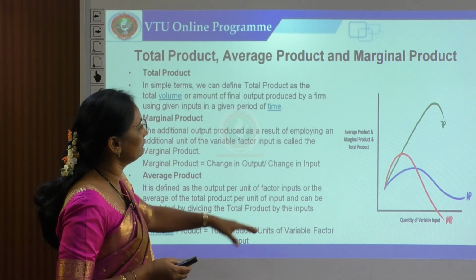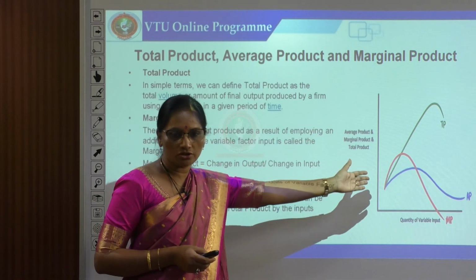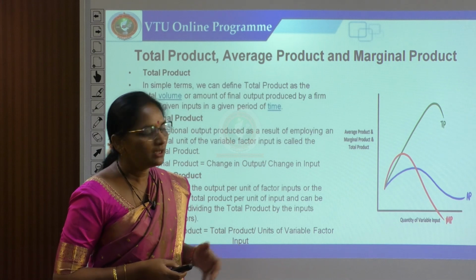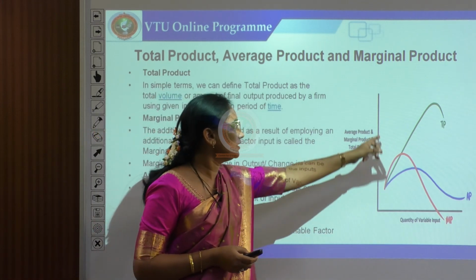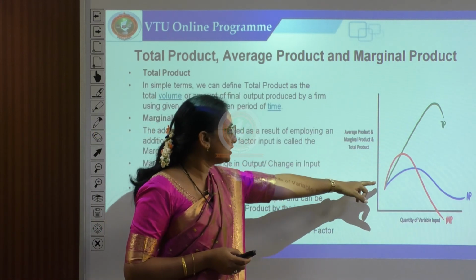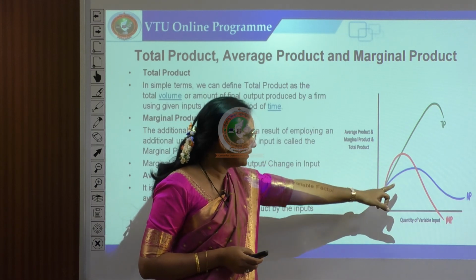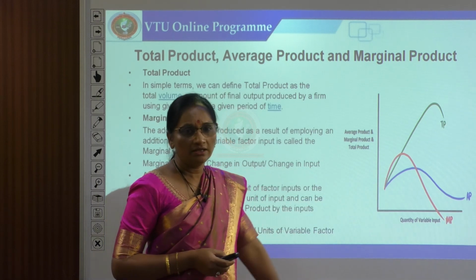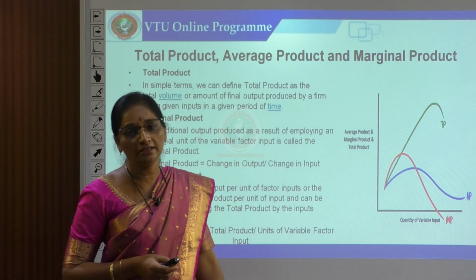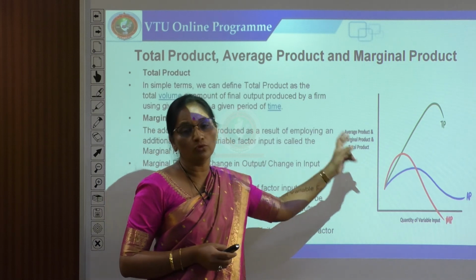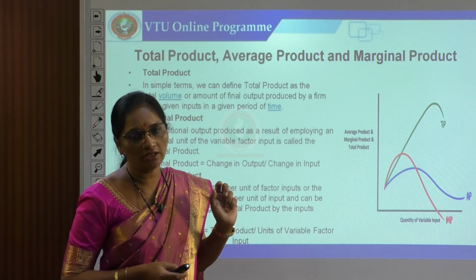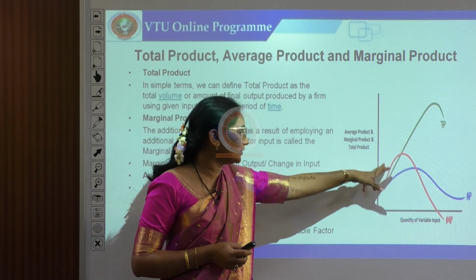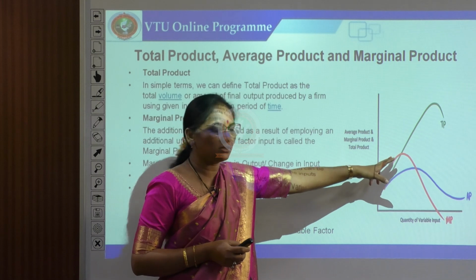All together we can make the graph. Already you have understood the typical nature of the product curves in the short run production function. The total product curve is always above these two curves, and the marginal product is above the total product in the initial stage, because additional units of input initially produce more output than the input level. So marginal productivity is above the total product curve initially.